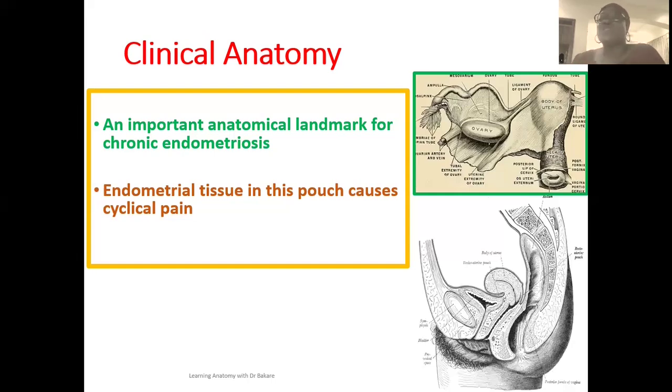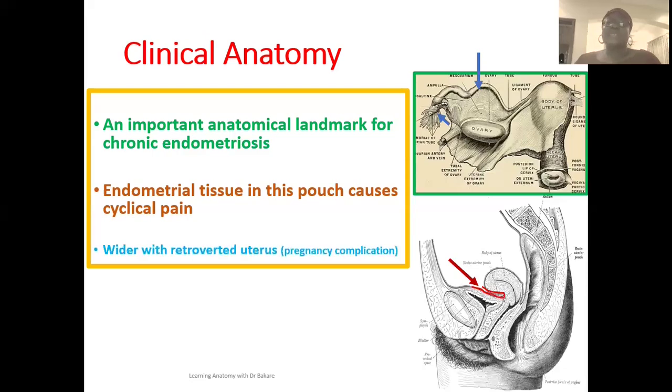So a chronic endometriosis will have endometrial tissue lodged in the uterovesical pouch, and this can lead to cyclical pain, which can affect reproductive function. So you have periodic pain occurring as a result of the endometrial tissue located within the uterovesical pouch. And this is usually seen during chronic endometriosis.